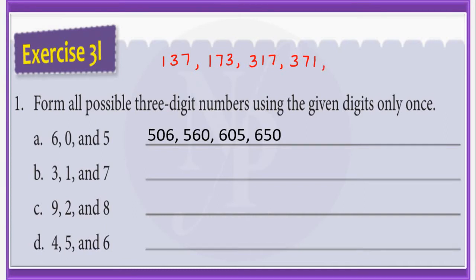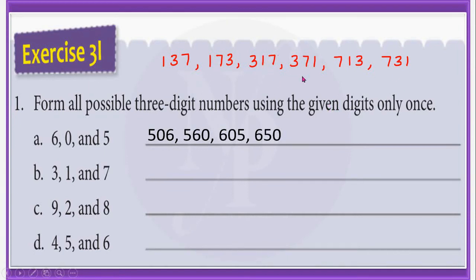Now keeping 7 in hundreds place, I will write 713. 713 is another possible number using the digits. The other number is 731. So how many numbers did we form here?